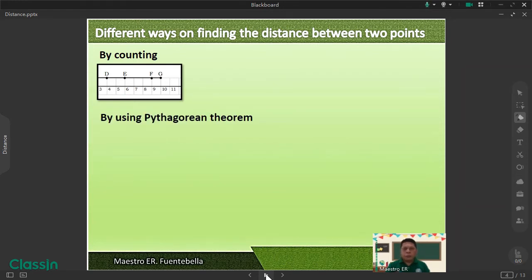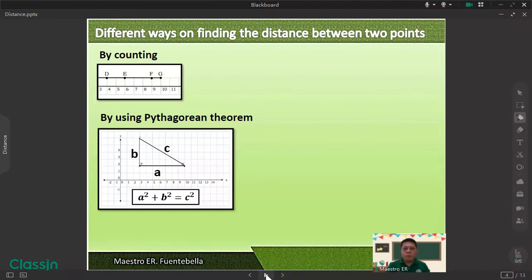And we can also use the Pythagorean theorem, if the figure satisfies the characteristics of a right triangle. So we use the Pythagorean theorem, c squared equals a squared plus b squared.